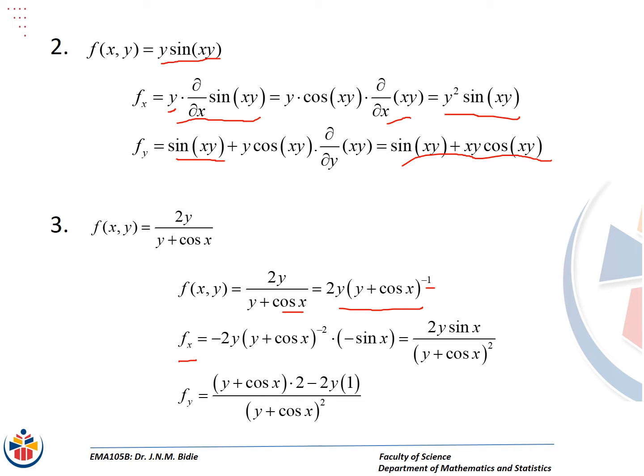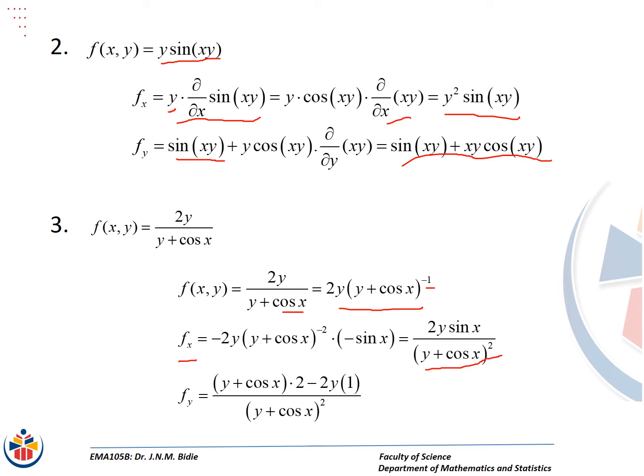And then thereafter, we differentiate what's inside the brackets, which is y plus cos x. And remember, y is a constant, so the derivative of y with respect to x is 0. The derivative of cos x is negative sine x. Hence, our answer, simplified, is in that format.